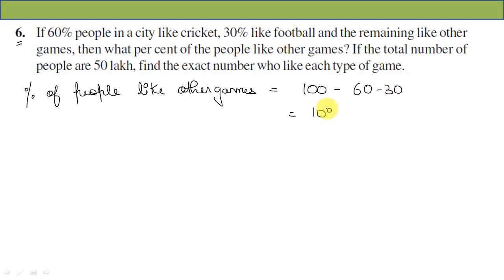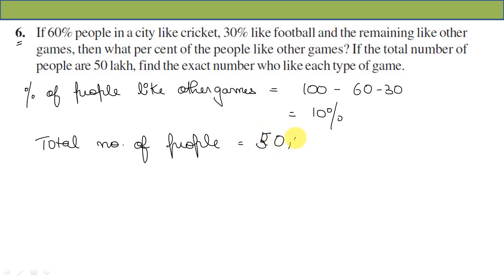If the total number of people are 50 lakhs, what is given? Total number of people in that city are 50 lakhs. So find the exact number who like each type of game.